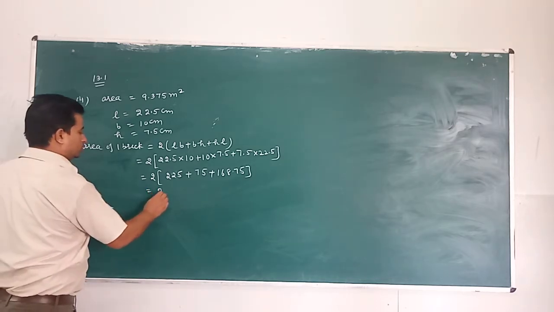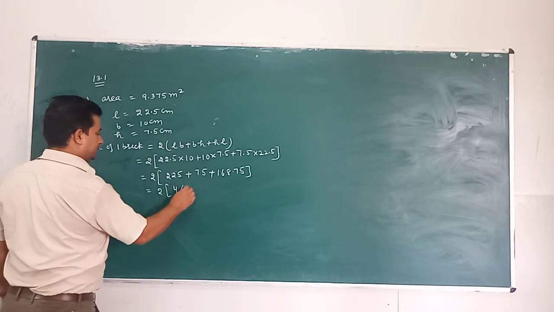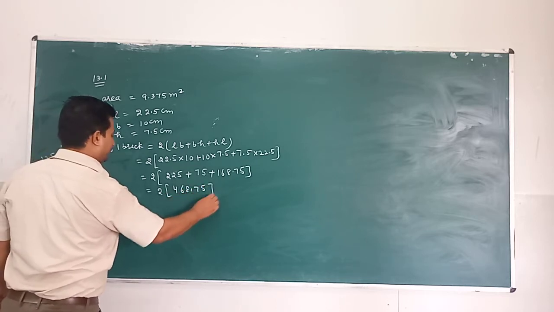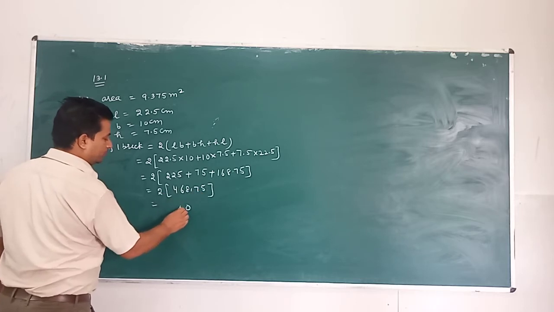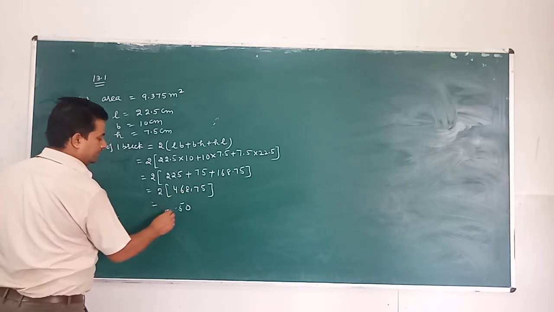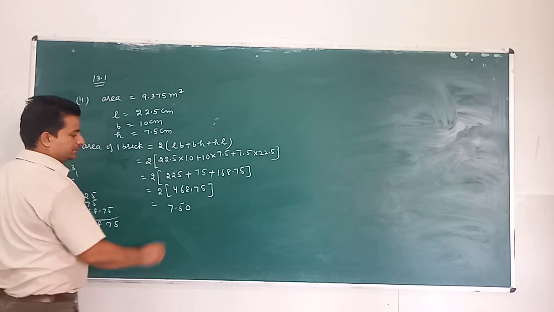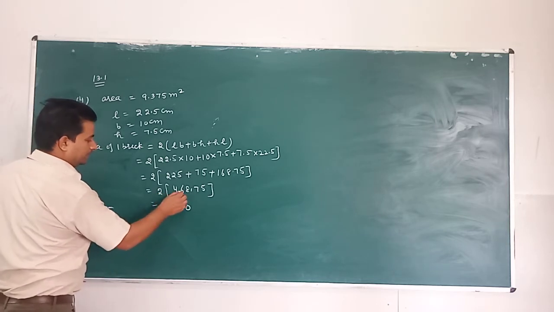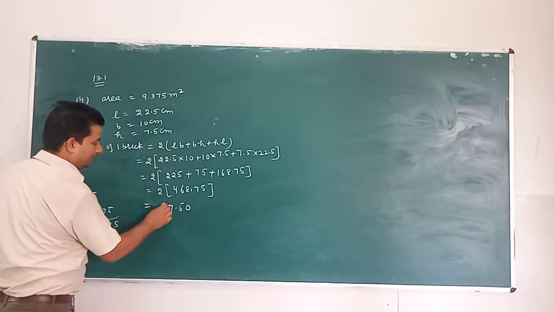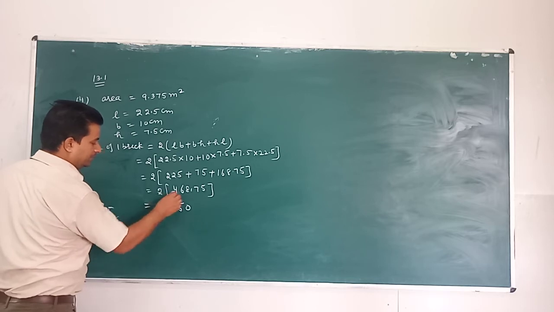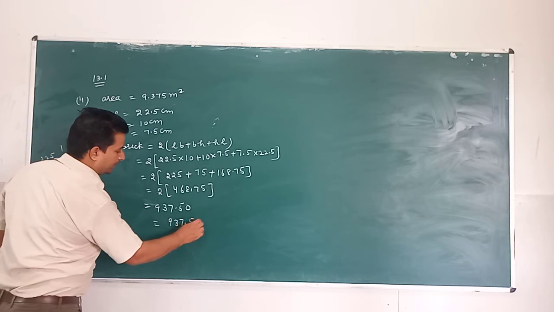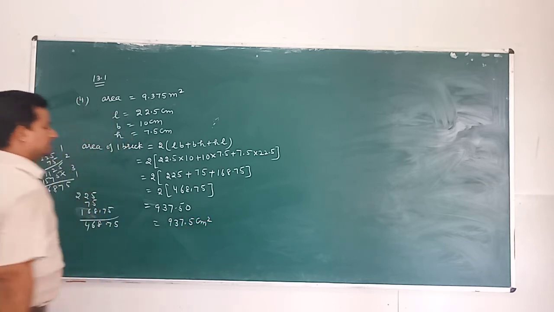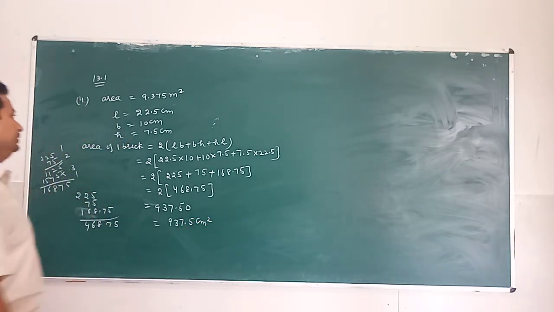So this is 2 into 468.75, which is 937.5 centimeter square, the area of one brick.